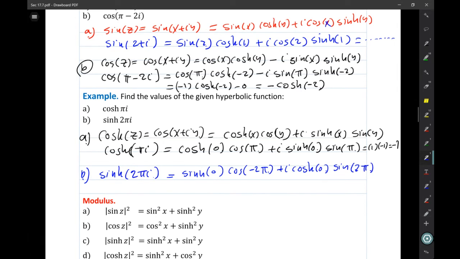Sin 0 is 0, and 0 times cosine minus 2 pi is 0, plus cos 0, which is 1, times sin 2 pi. How much is sin 2 pi? It is 0. So it's equal to 0.